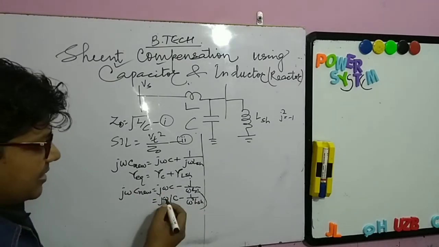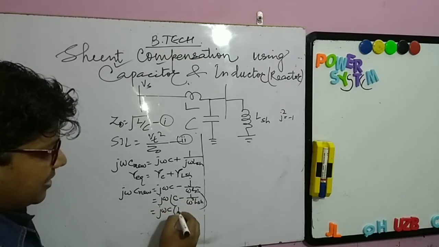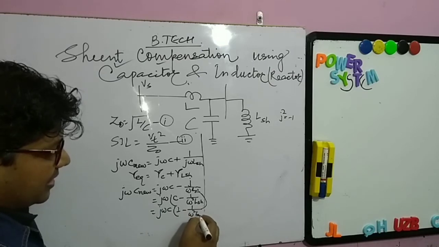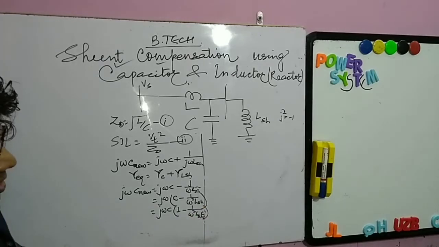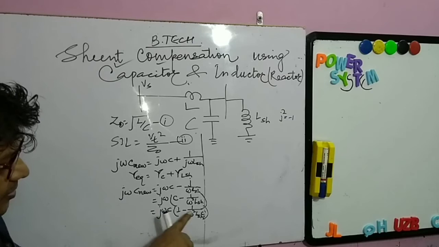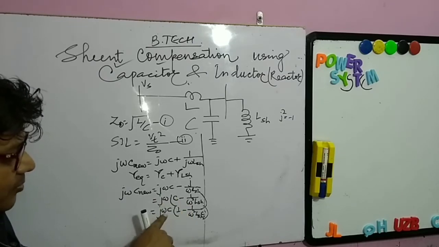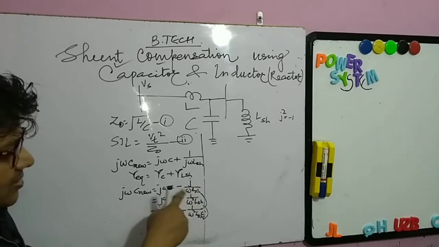And if we take C also common, we can write omega C times 1 minus 1 by omega square L_SH C. This is our expression. If we multiply with j omega C, the first term will be j omega C and the second term will be omega C, and omega C gets cancelled. So we get omega L_SH.